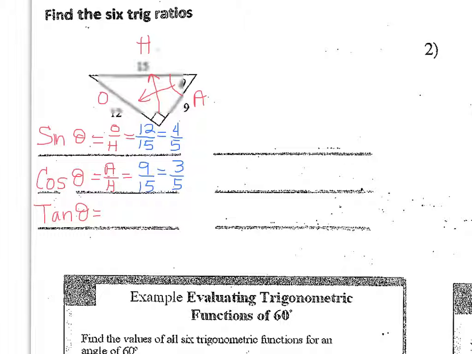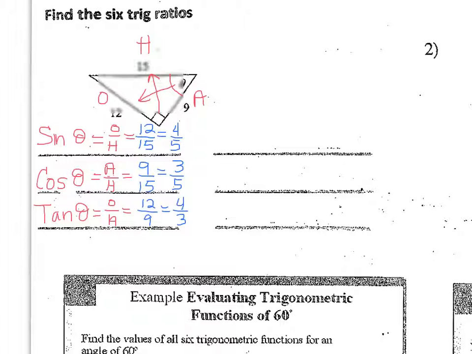So tangent is opposite over the adjacent, and the values for that are 12, and then you reduce 12 over 9, and that would be 4/3. Great. Can it be an improper fraction? Yes, leave it as an improper fraction. Don't change it into decimals, please. Just leave it as reduced ratios, even if they're improper fractions.